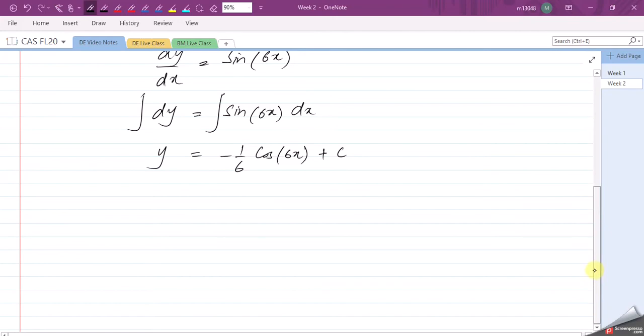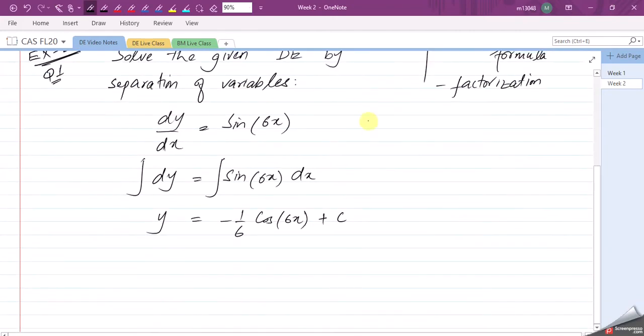There are two things which are very important to note here. First of all, we can never use dx or dy when they are in 1 over forms. For example, we cannot integrate like this or like this. This is wrong. This can never work.